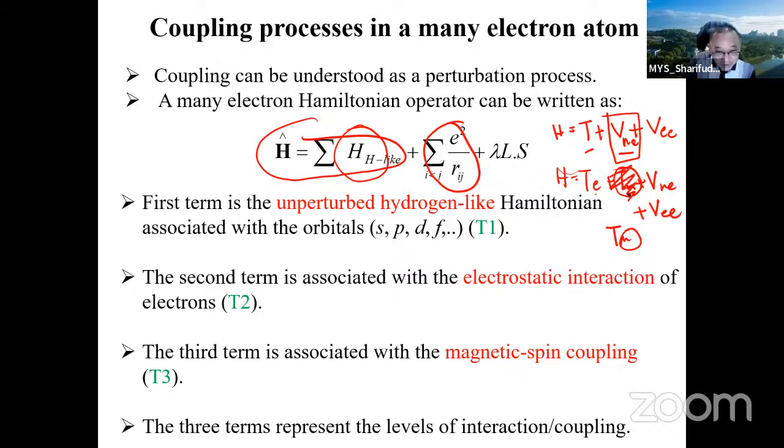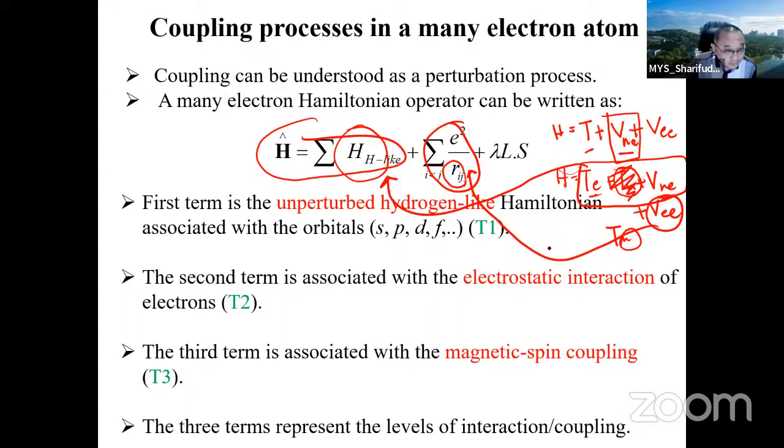So it's only TE plus VNE, and this part is inside here. And VEE is that one. You can see there's Rij, the distance between electrons i and j.